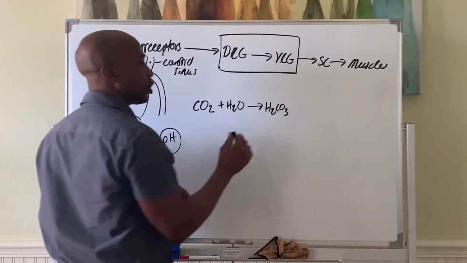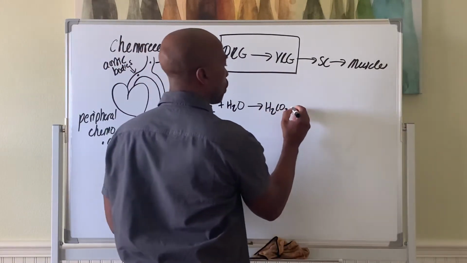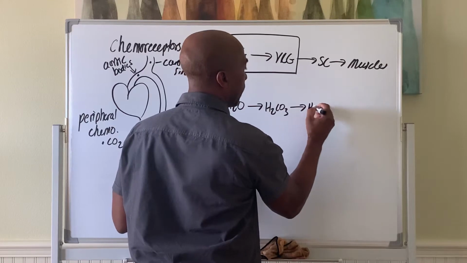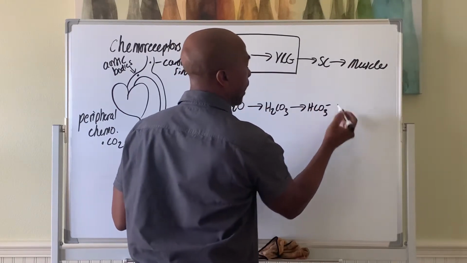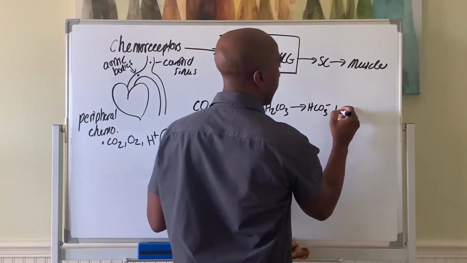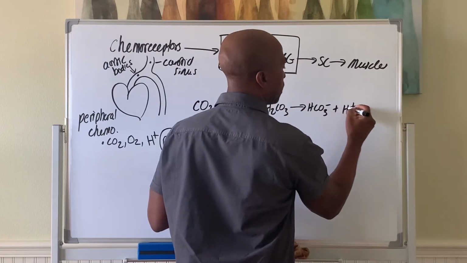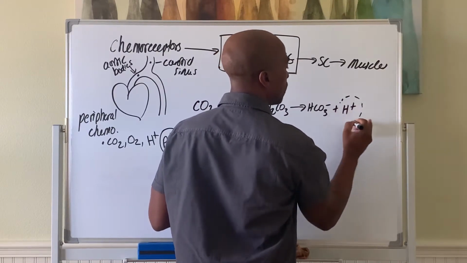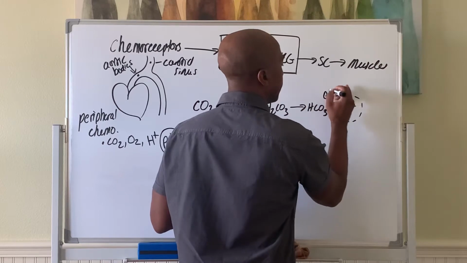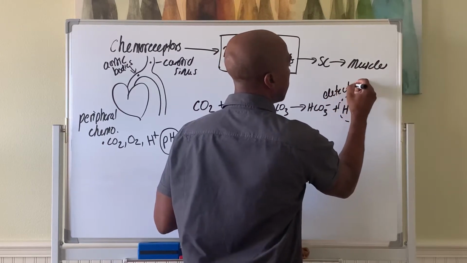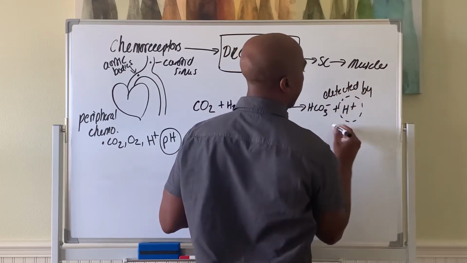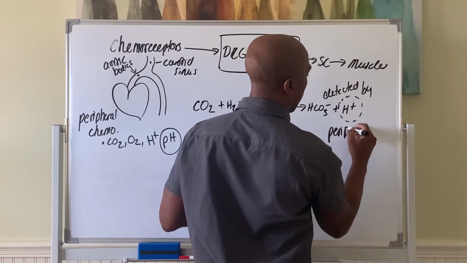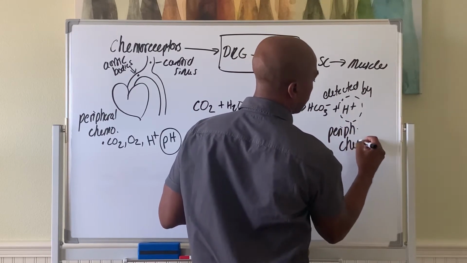Then the carbonic acid will dissociate, break apart into bicarbonate and H+. And this is what is detected in your blood by your peripheral chemoreceptors.